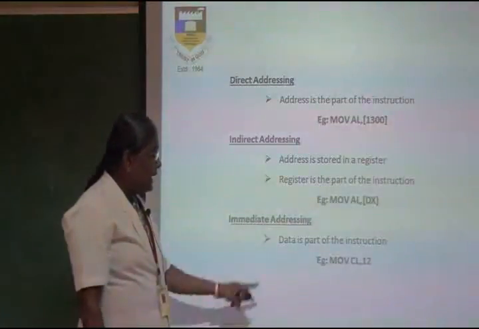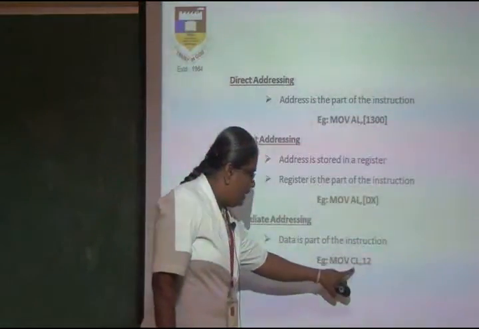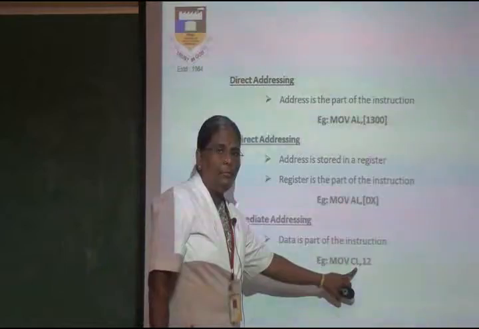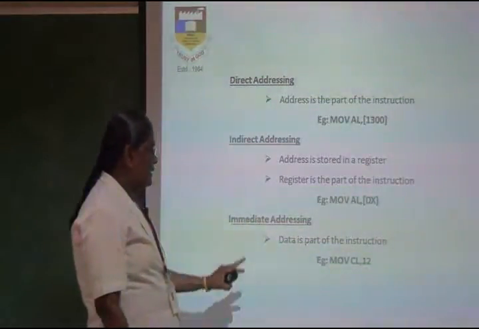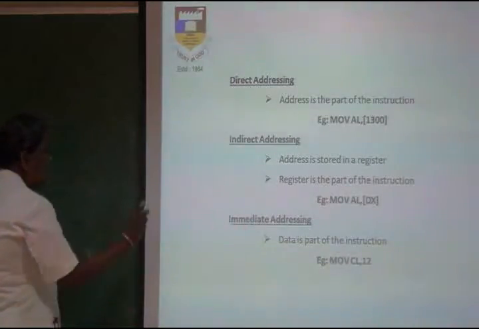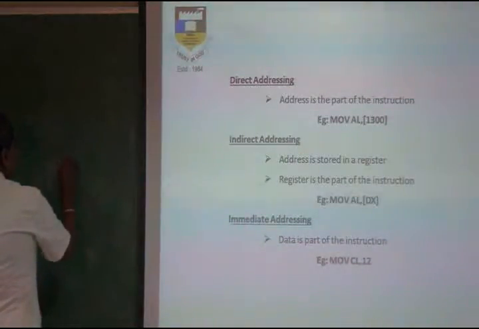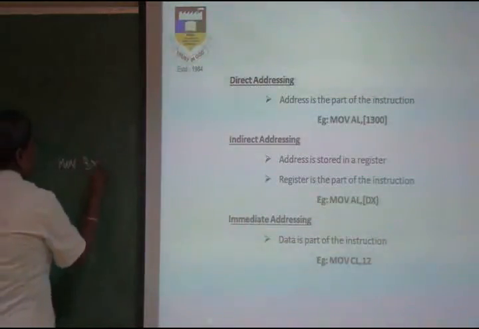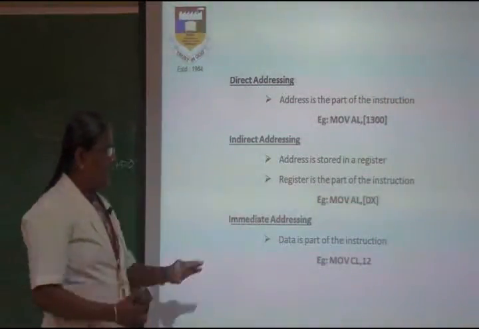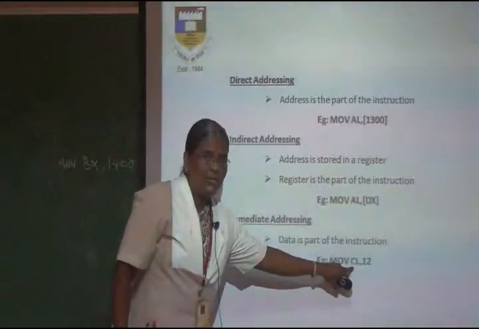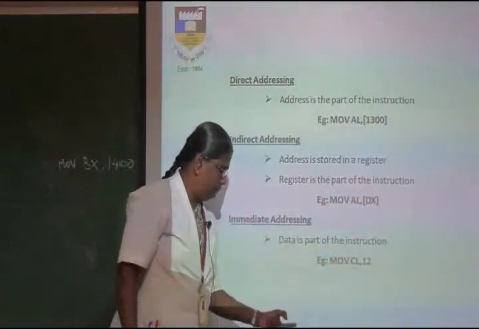We have to take care here: if we are using an 8-bit register, 8-bit data should be used. If it is a 16-bit register, then 16-bit data should be used, like MOV BX, 1400. Like that, we have to take care of the register used and the data.